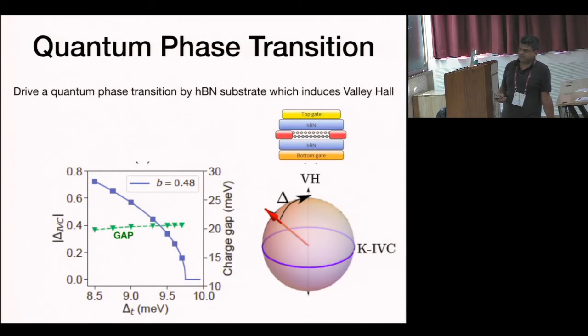And you can see that in the numerics that the order parameter for this IVC, which is like the equator of the sphere, begins to tilt as you expose it to the substrate field. And then eventually at some point it entirely goes along the North Pole, which is the direction in which the spin wants to sit. As soon as that happens, you lose this IVC order parameter. IVC order parameter is essentially an XY spin or a spin in the XY plane. And once you lose those in-plane components, you lose the order. This has a nice square root form which you expect for a mean field transition.